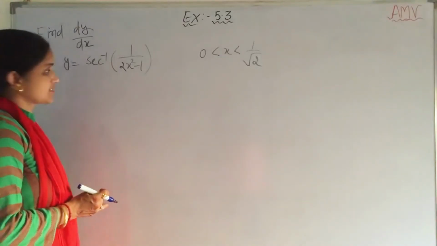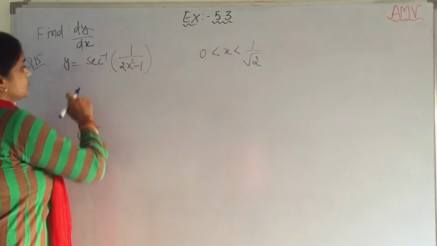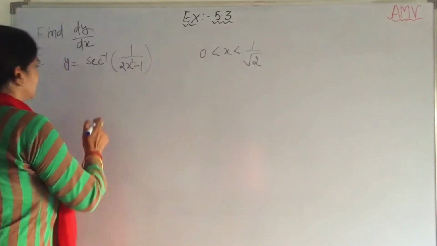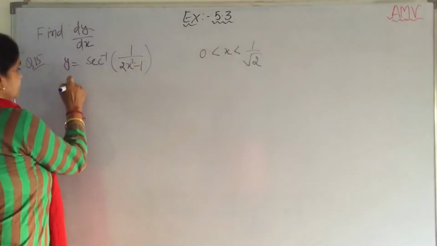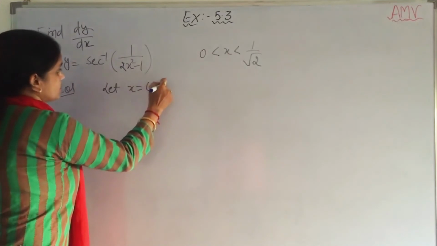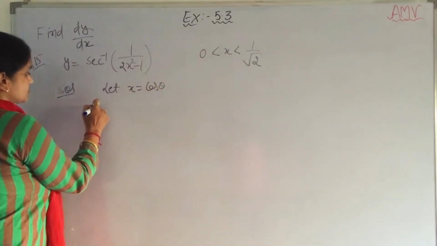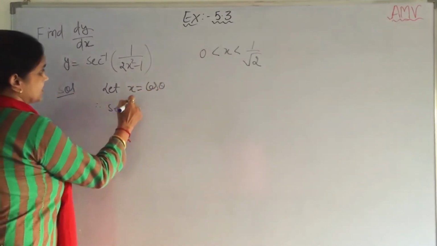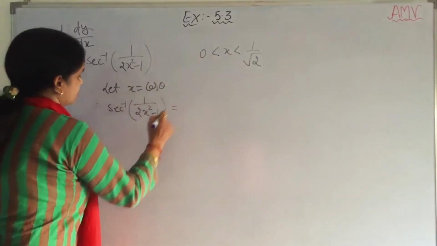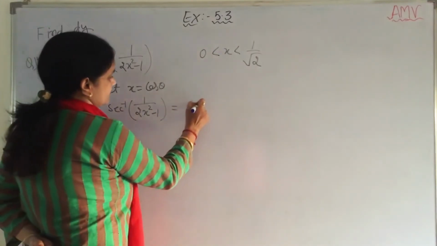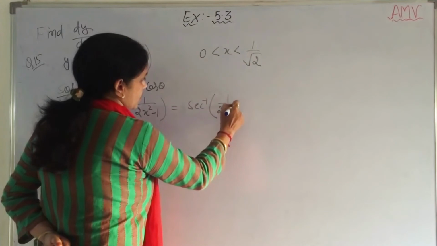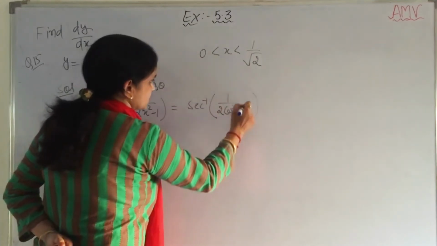Last question of this exercise. y is equal to sec inverse of 1 upon 2x square minus 1. Okay. So for this question, let x is equal to cos theta. Okay. So sec inverse of 1 by 2x square minus 1 is sec inverse of 1 by 2 cos square theta minus 1.